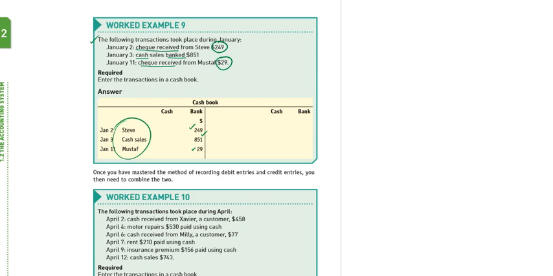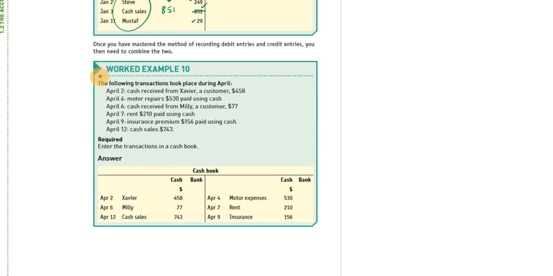But the cash sale of 851 will not be recorded at the bank; we will record 851 on the cash side. So 851 shows we are receiving 851 as cash, and 249 and 29 show we are receiving money directly in our bank.